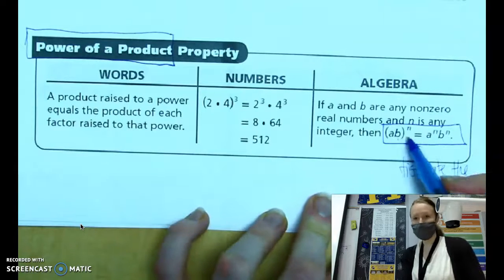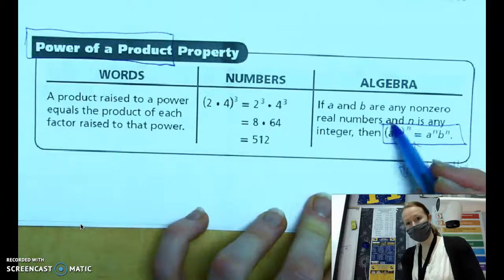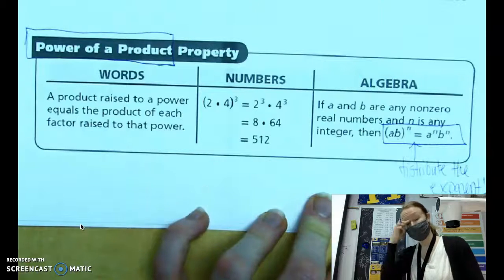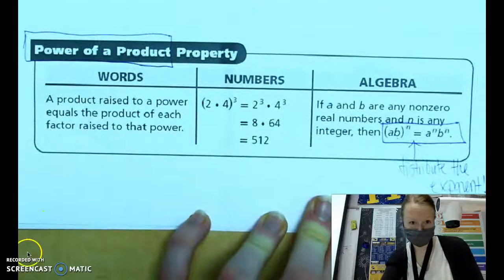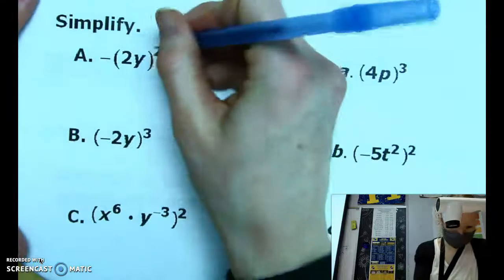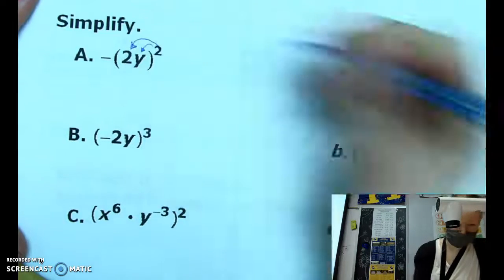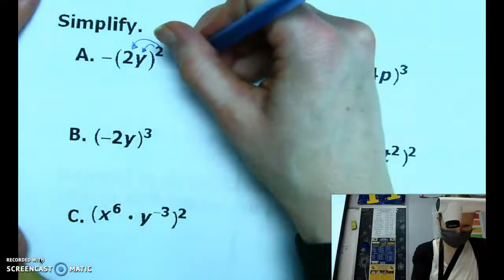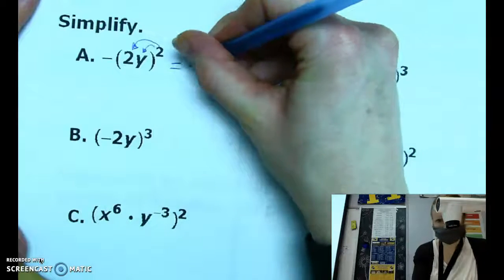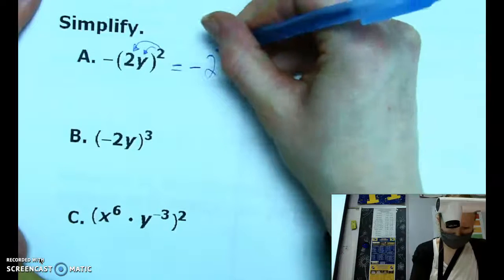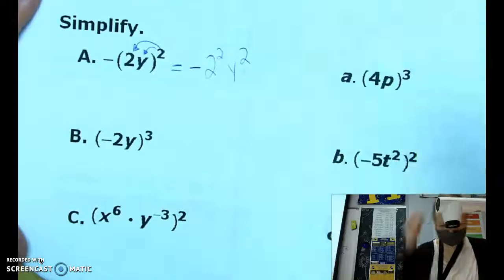Right? So if you have A and B in the parentheses and there's an n on the outside, that means both things in the parentheses need that exponent. If you look at this first example, I have 2 things in the parentheses. I have the 2 and I have the y. That negative out front stays out front, and then I get a 2 squared and a y squared.